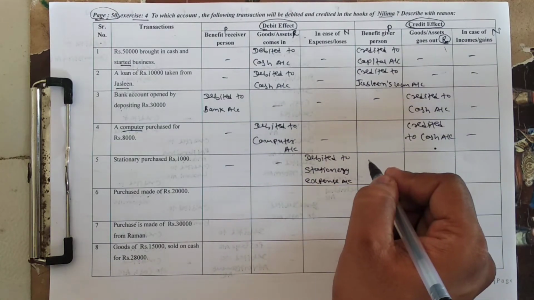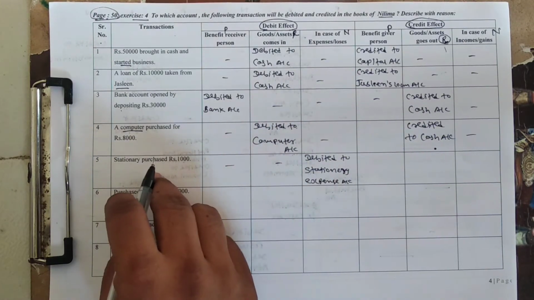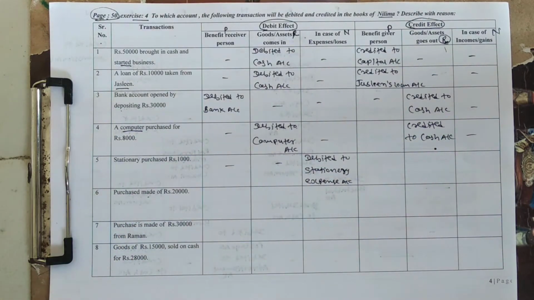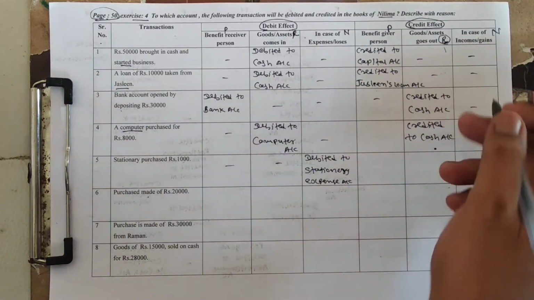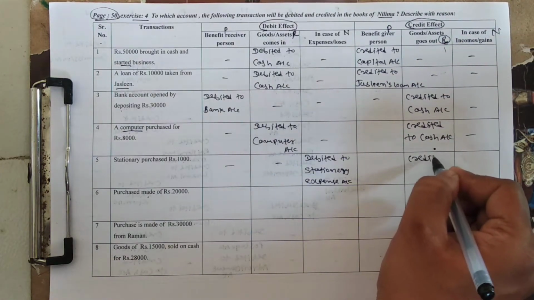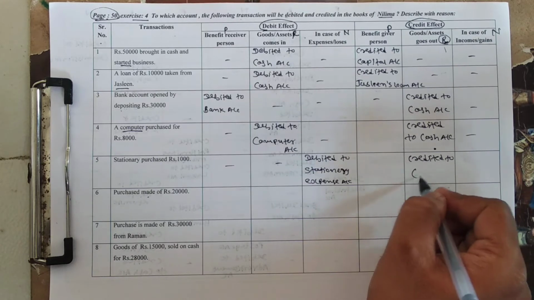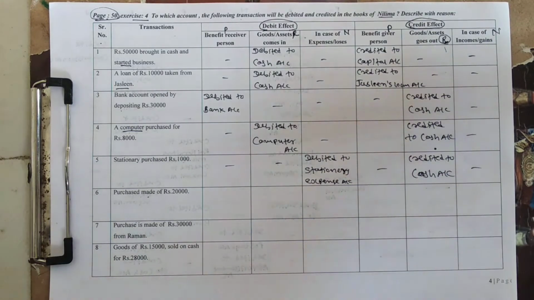And what will be the second effect? When stationery is purchased, the amount is paid by cash, so cash goes out, credit what goes out. Cash is a real account, credited to cash account. Understand? So this is the second effect.